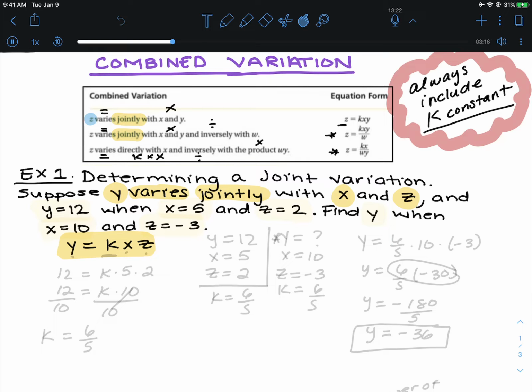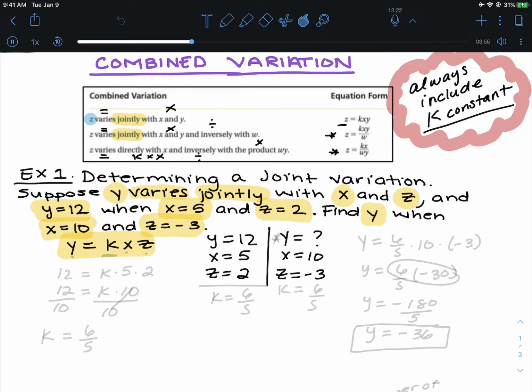Now we have to figure this out. Y equals 12 when X equals 5 and Z equals 2. So here they're telling me Y is 12, X is 5, and Z is 2. Now what we've got to do is find Y. This is my second piece of information: I don't know what Y is when X equals 10 and Z equals -3.